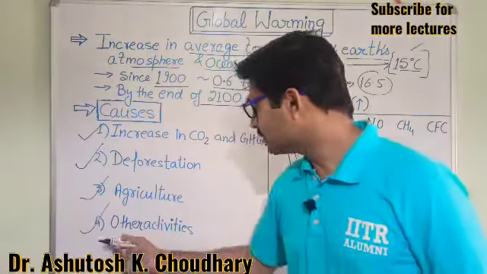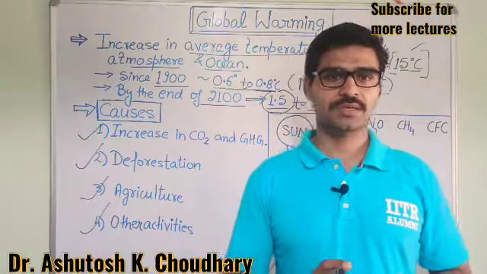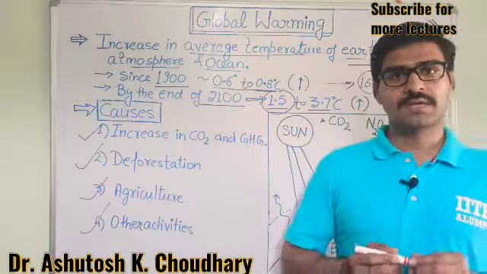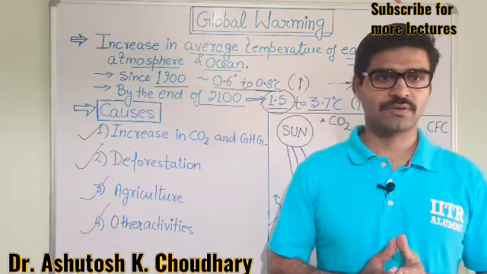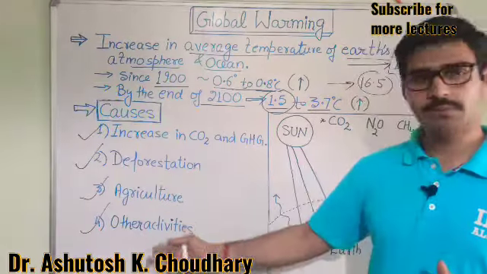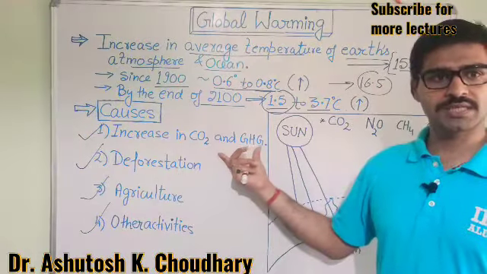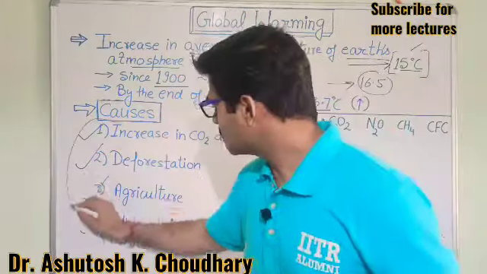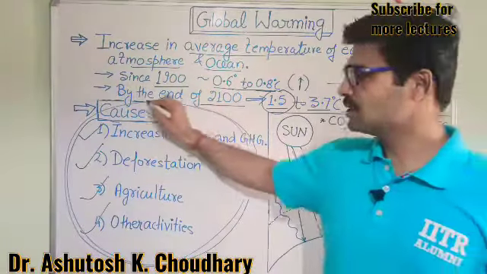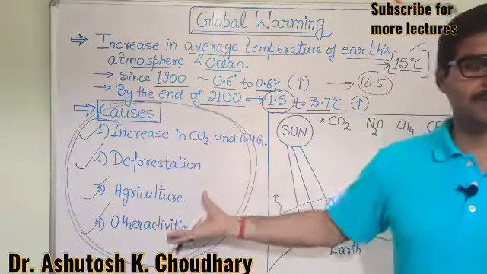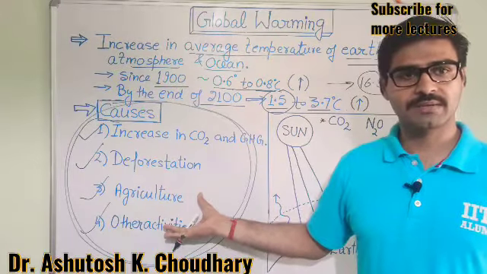And the fourth factor is other activities, which include industries, transportation, developmental projects, and whatever we do in daily life, which are responsible for the emission of carbon dioxide and other greenhouse gases. All these factors cause the greenhouse effect, or we can say intensify the greenhouse effect.